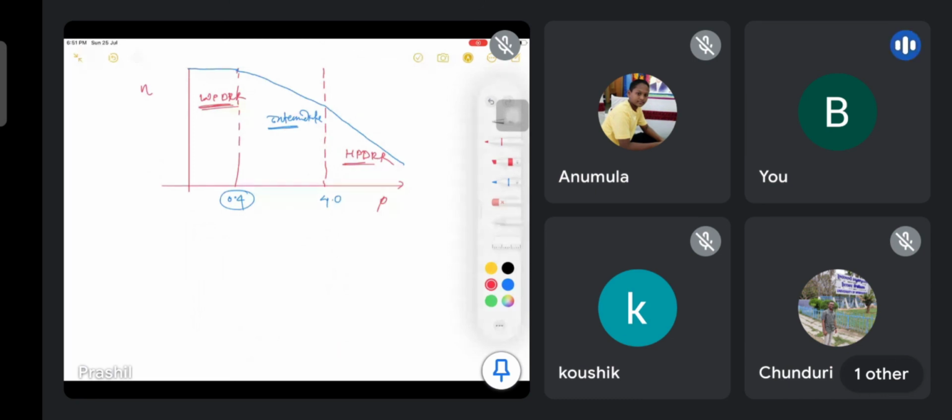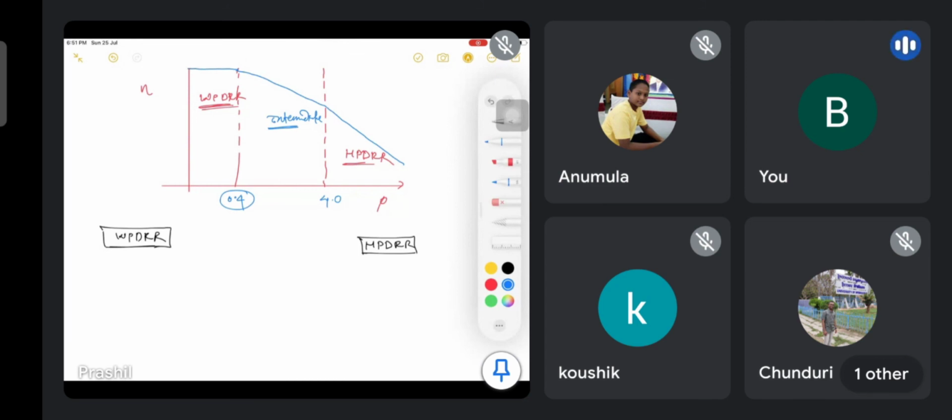Suppose there is the weak pore diffusion resistance regime, and second is the high pore diffusion resistance regime. So you can tell what is phi here and what is phi here.